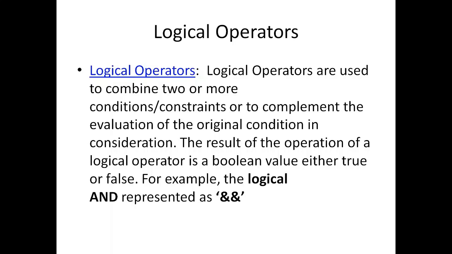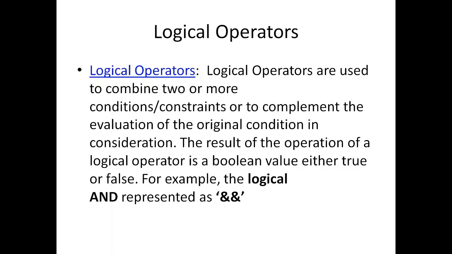So when we have two expressions on the left hand side of the operator and we want to evaluate those two expressions, if the first expression gives us true and the second expression gives us true, whenever we use and, the entire expression is going to give us true.